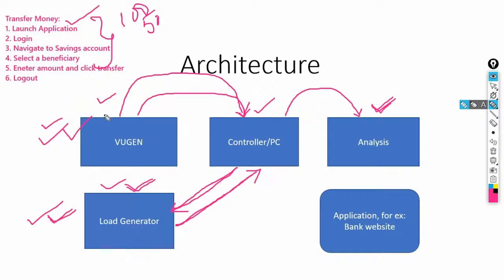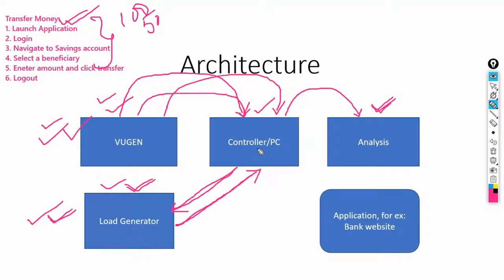So here VuGen is generating the script for these scenarios. That means in the form of code only, some statements will be generated, which we are calling a script. That script we are uploading to the controller because we have to configure everything here on the controller or Performance Center.